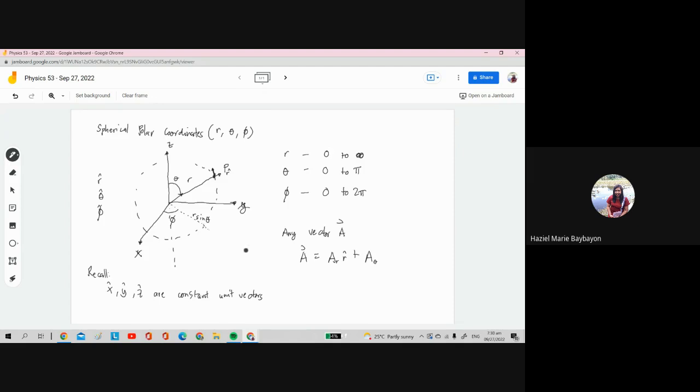So this is the polar component, plus the azimuthal component, you have A_phi phi hat. Okay? So again, A sub r is the radial component. And then A sub theta is the polar component. And then A sub phi is the azimuthal component.